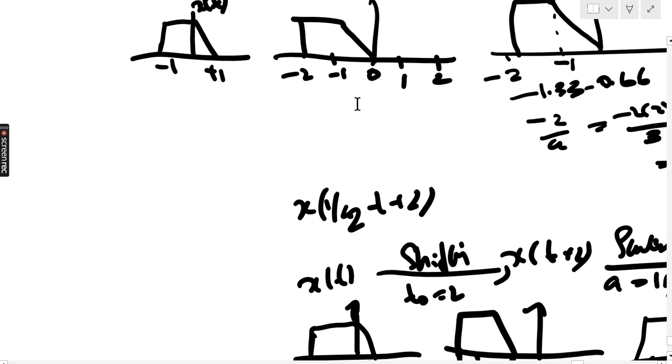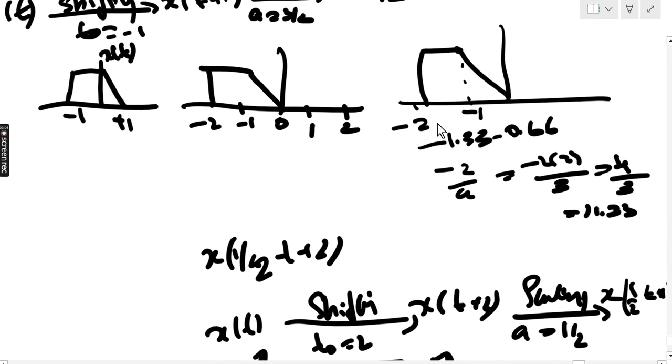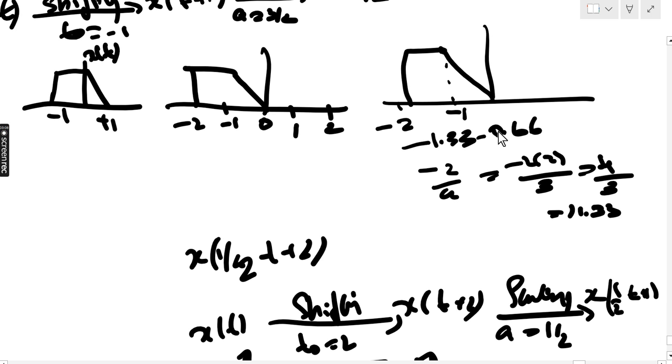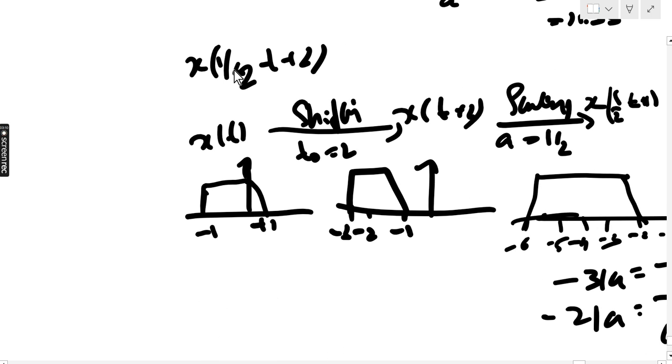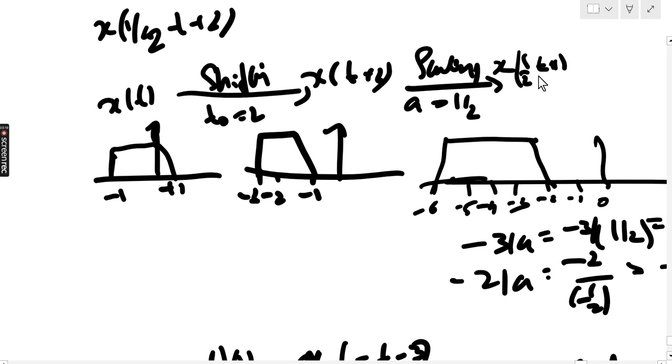So minus 2, minus 1, 0 and 1 by 2. So to minus 2 minus 1. x of 1 by 2 t plus 2. x of t shifting, x of t plus 2 on scaling to be equal to 1 by 2.